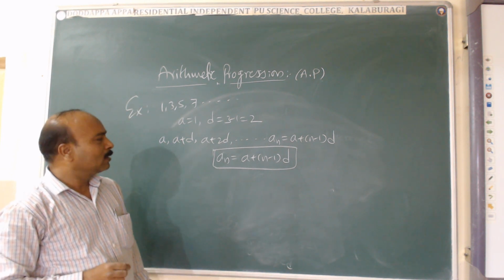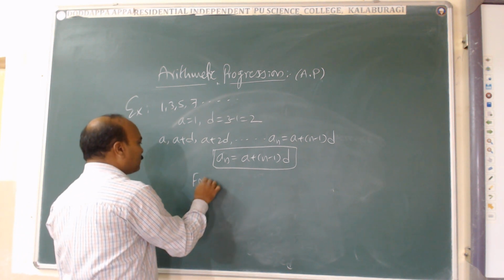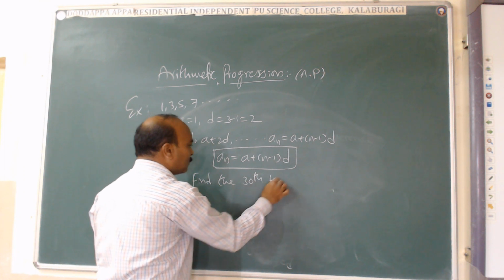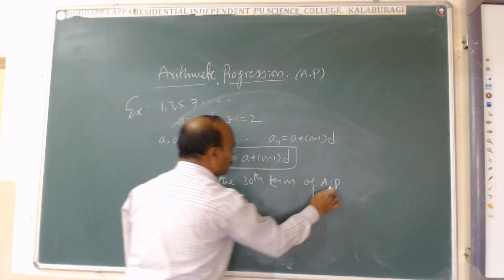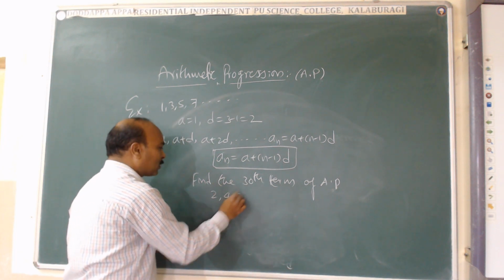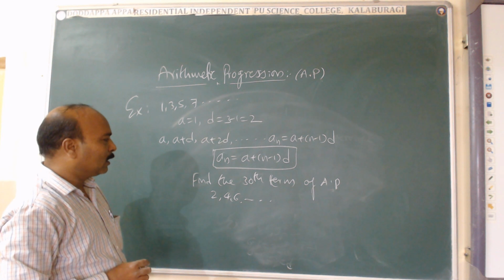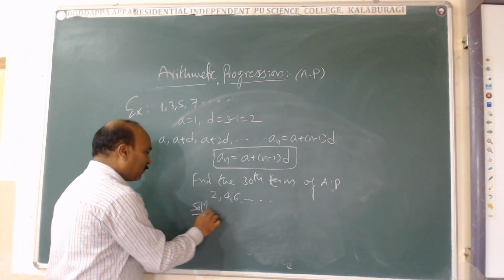Now here we can solve some examples. Find the 30th term of the AP 2, 4, 6, and so on. To find the 30th term, we go for the first term first.